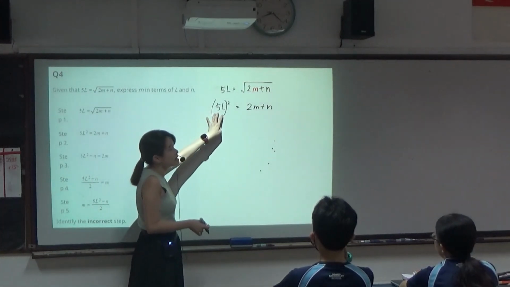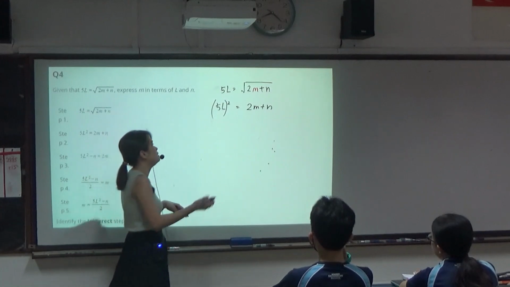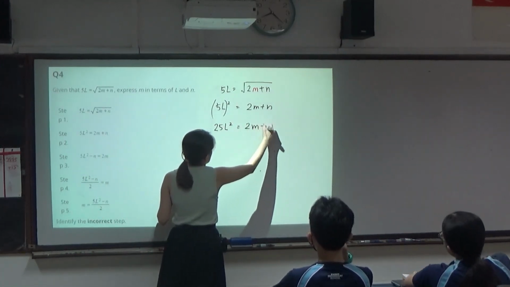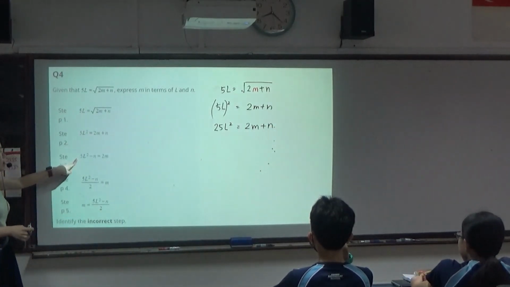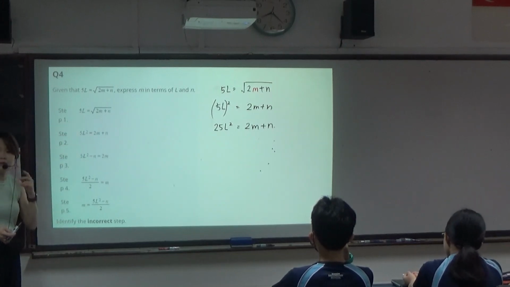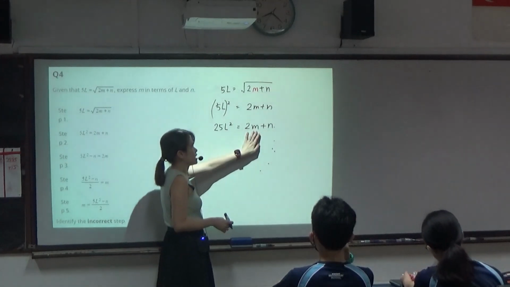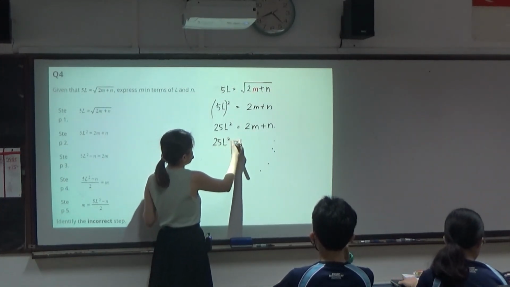When I have brackets around this, it means 5L times 5L, which is 25L squared, instead of 5L squared only. This was the part where there was a mistake, that's why all the subsequent steps were wrong. So with m being the objective, I get rid of the n, moving it over to the left side.